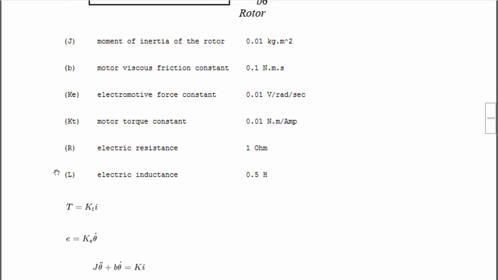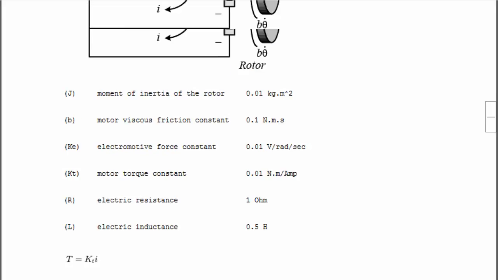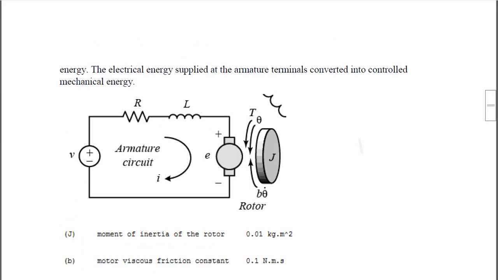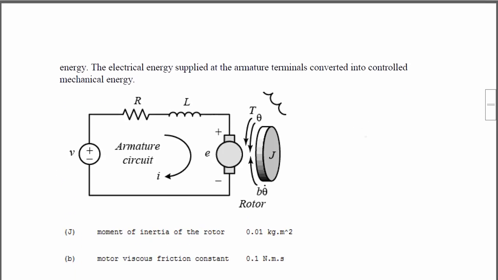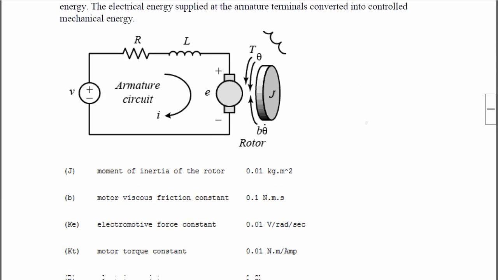We assume that the magnetic field is constant, and therefore the motor torque is proportional only to the armature current, denoted by I, and to the constant factor Kt. So this DC motor is referred to as an armature controlled motor.